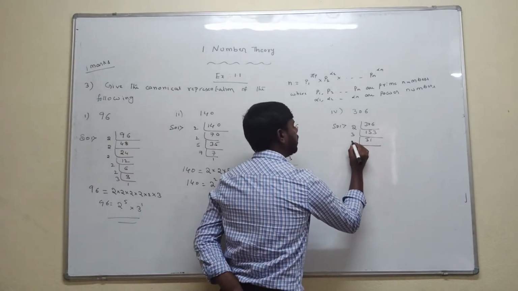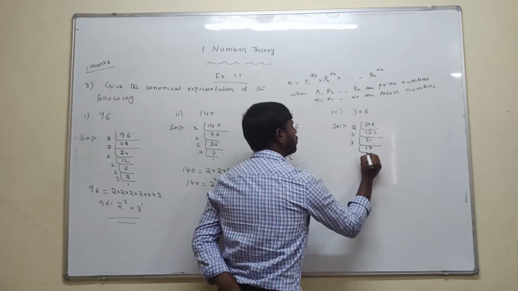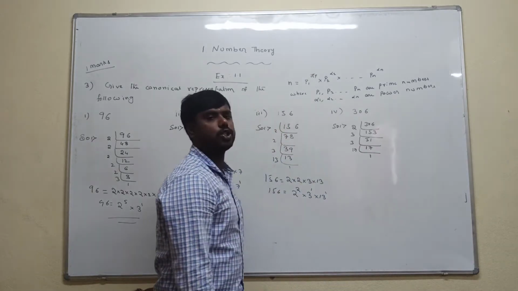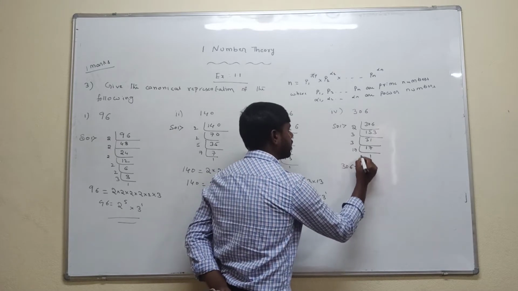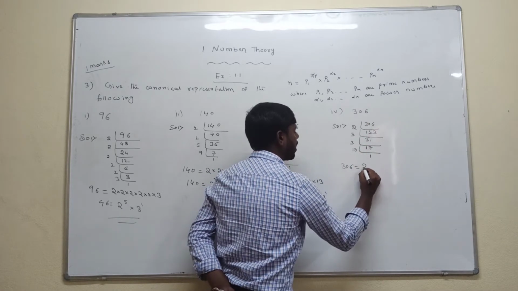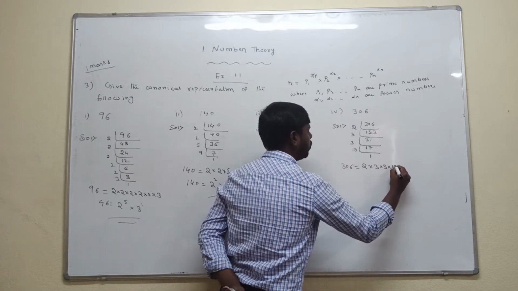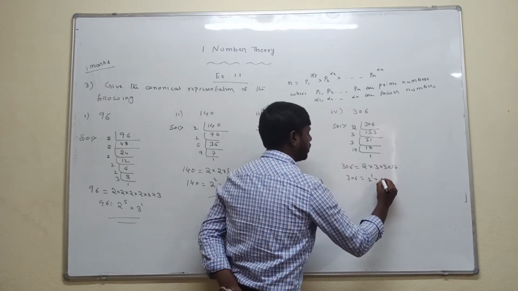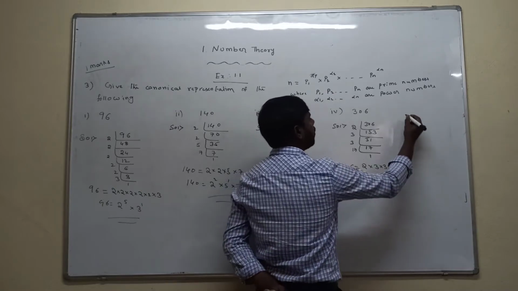Next I am taking 3. 3 ones are 3, then 17. So 17 ones are 17. When the remainder is 1, we stop the division. After that 306 can be expressed as a product of prime numbers: 2 into 3 into 3 into 17. Now 2 is repeated 1 time, 3 is repeated 2 times, 17 is repeated only 1 time.